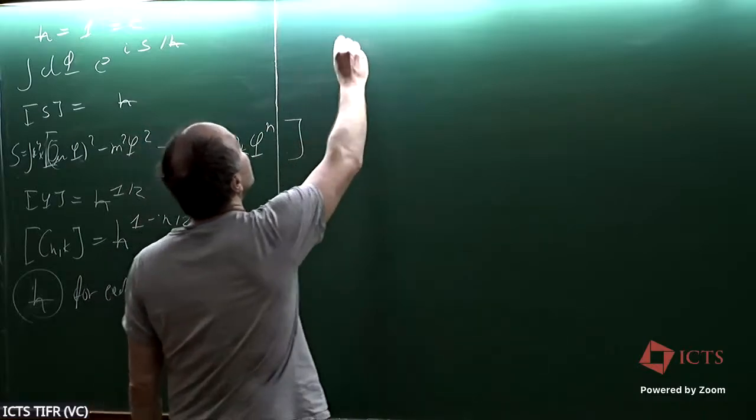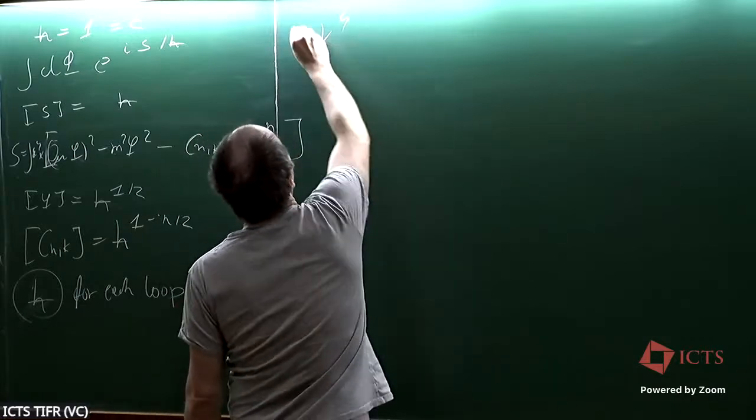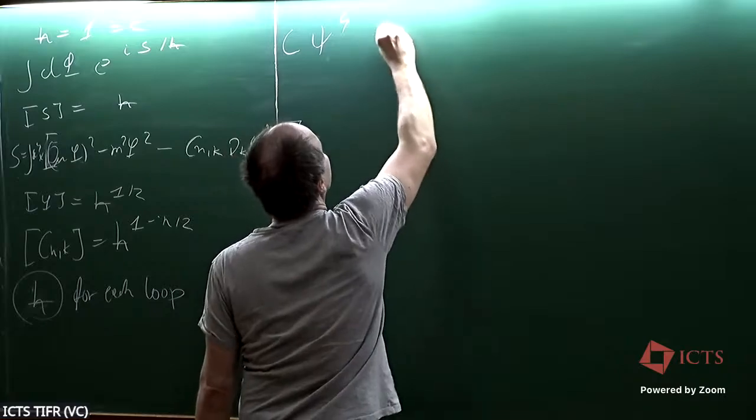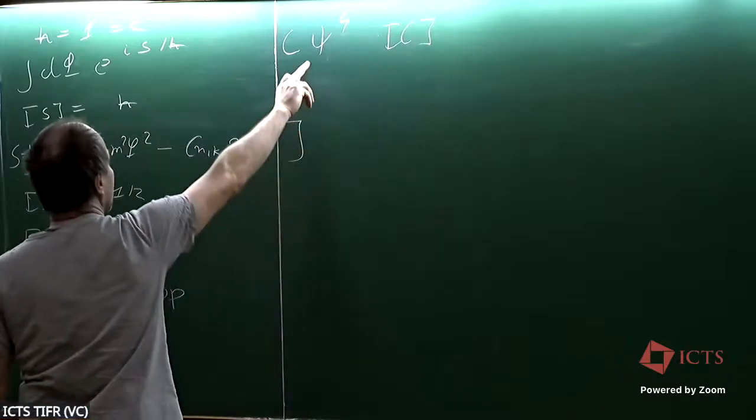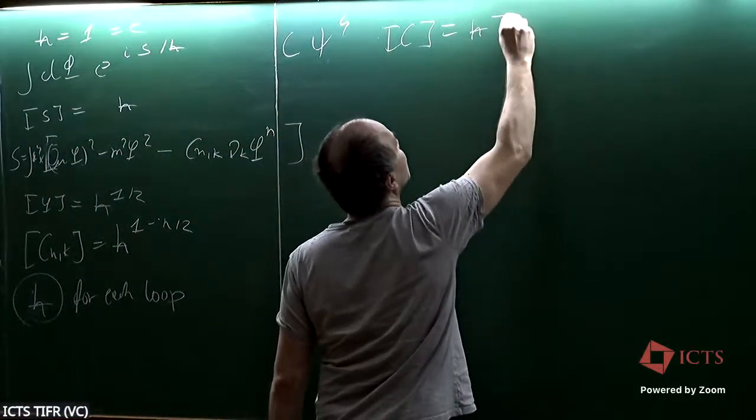For example, if you take four-fermion couplings, here n equals 4, so the Wilson coefficient of this four-fermion coupling has units of h-bar to the minus 1.